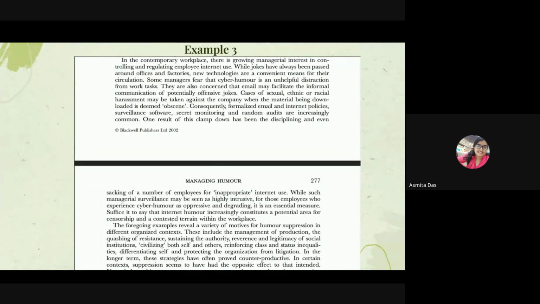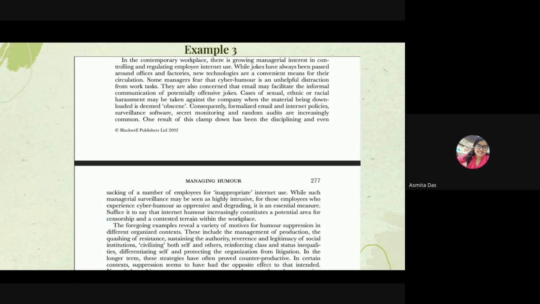Consequently, formalized email and internet policies, surveillance software, secret monitoring, and random audits are increasingly common. One result of this clampdown has been the disciplining and even sacking of a number of employees for inappropriate internet use.